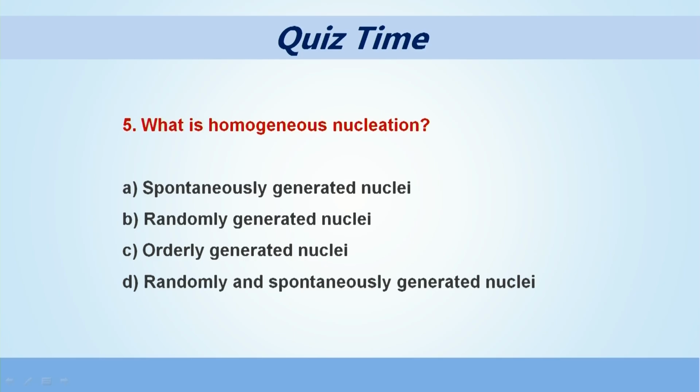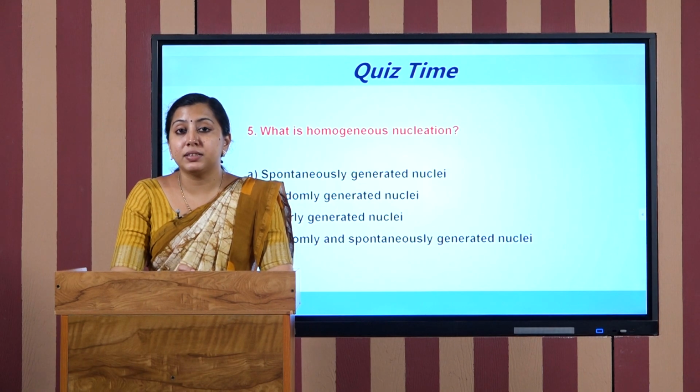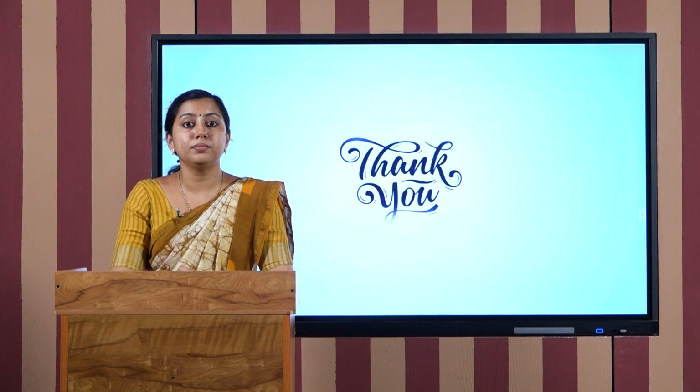Option A, spontaneously generated nuclei, option B, randomly generated nuclei, option C, orderly generated nuclei, and option D, randomly and spontaneously generated nuclei. We will discuss the answers in the next class.